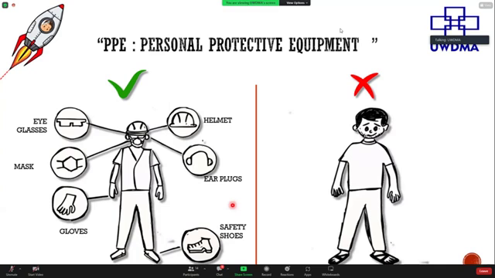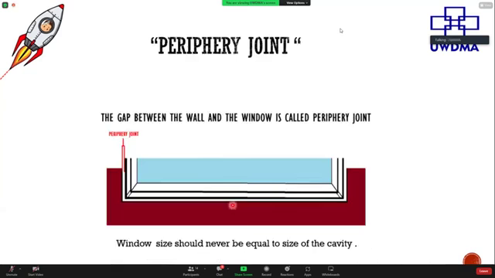Safety shoes are a must because normally people go in slippers and sandals. But safety shoes are a must because at site there are things which could fall on your legs and you could get yourself hurt. So it's always good to wear a PPE kit before starting the installation.